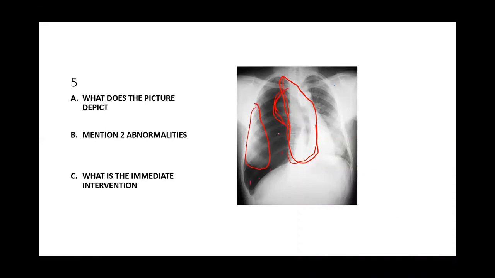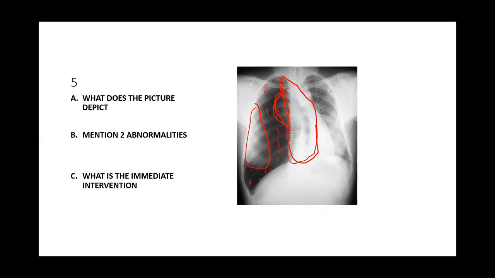So all this place you have air, because it is radiolucent. Then you can see here the lung is being compressed on this side.